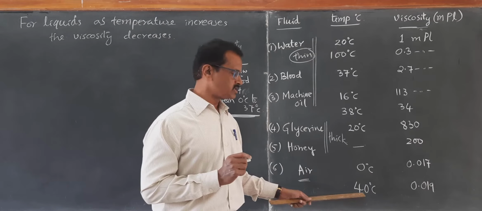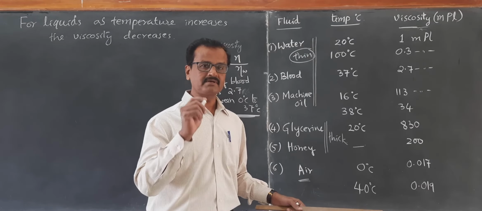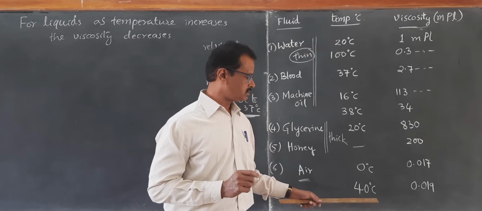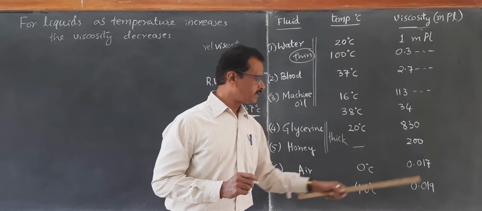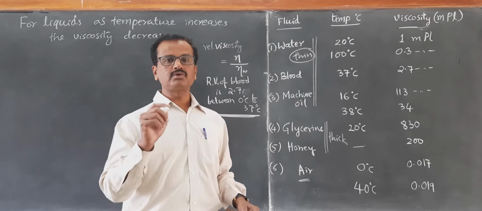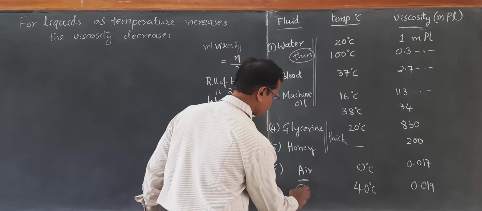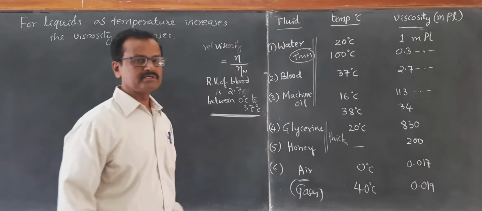But as the temperature rises to about 40 degrees Celsius, on a hot sunny daytime, the viscosity becomes 0.019. It means for gases, as temperature rises, viscosity rises.